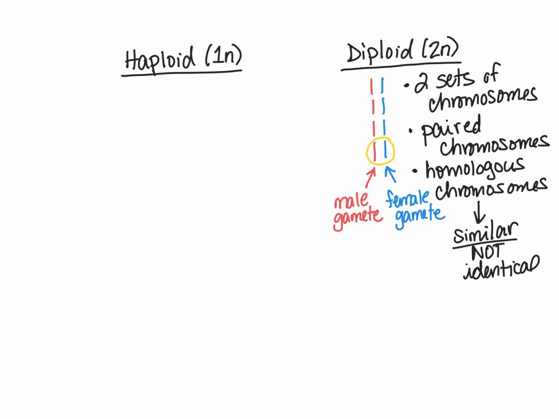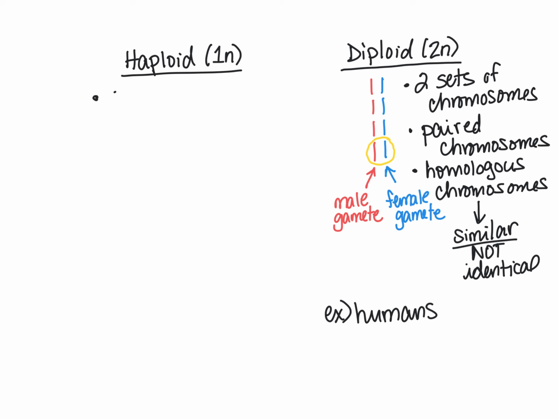An example of an organism made up of diploid cells is humans. The majority of cells in a human's body are diploid, meaning that they contain two sets of chromosomes. There are some exceptions to that rule, which we'll talk about as we jump over and talk about haploid.